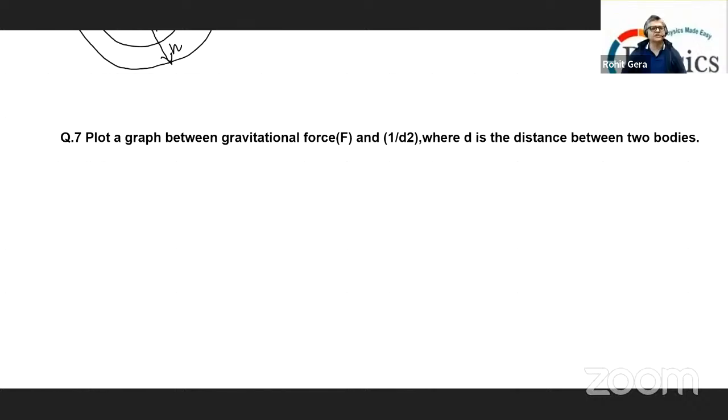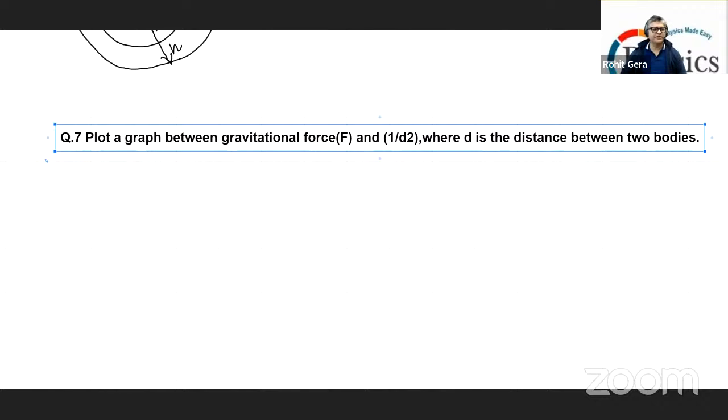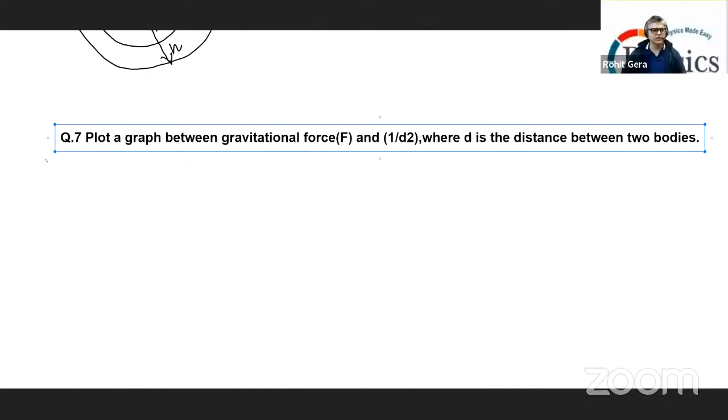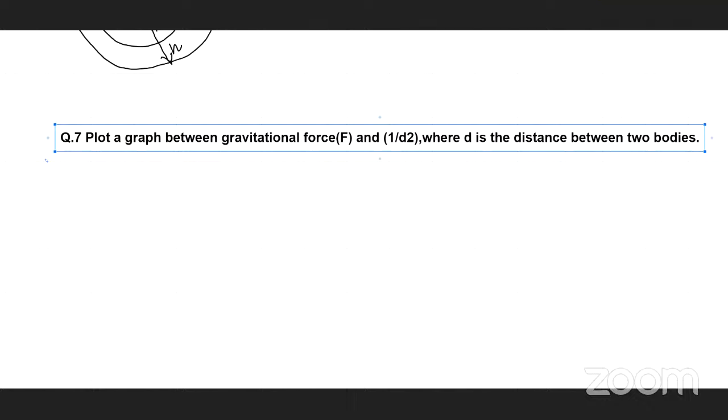Acha, this is gravitational force between any two bodies, inversely proportional to 1 by r square. मैं वो वाला ग्राफ देख रहा था जो एक्सेलरेशन ड्यू टू ग्रेविटी का है. अच्छा, वो नहीं पूछा हुआ है इसमें. कैन यू ड्रॉ दिस ग्राफ जो पूछा हुआ है? प्लॉट अ ग्राफ बिटवीन F and 1 by d square.